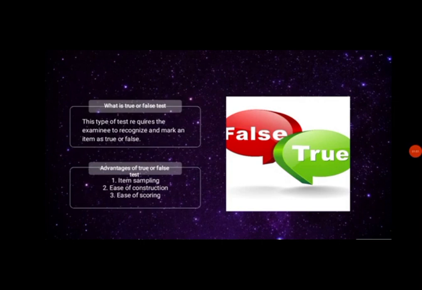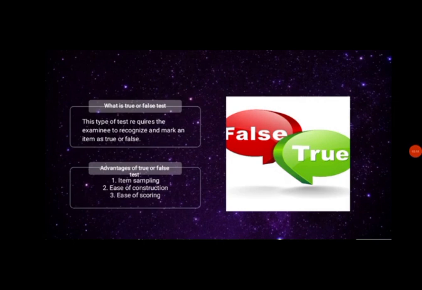Teachers can examine students on more materials than they can with any other type of test. The true or false or TF test can help ensure an adequate sample of items when a great deal of subject matter must be covered.